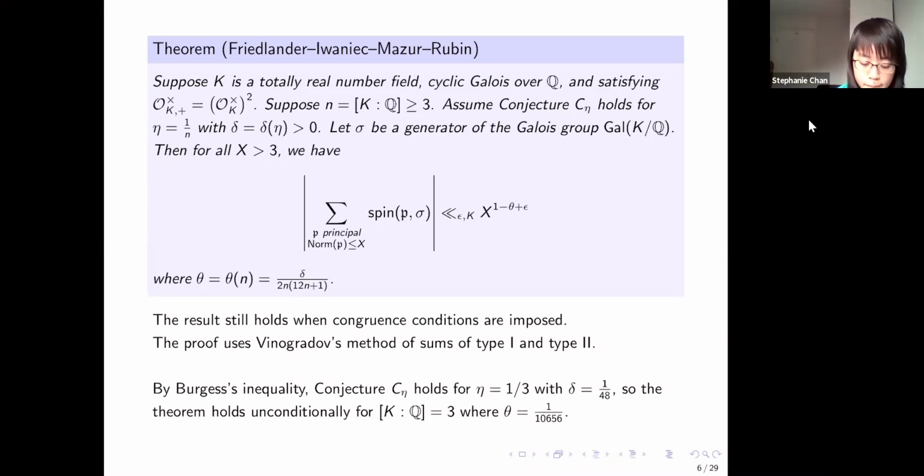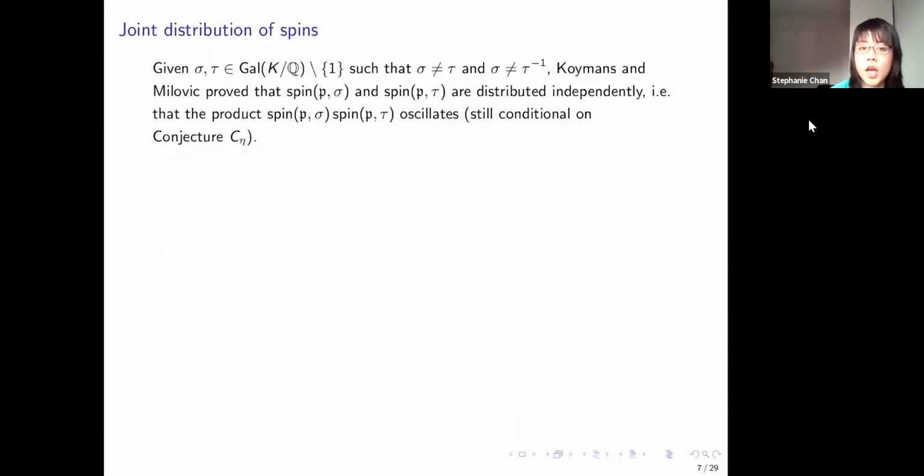But when you take a number field of high degree, say 4 and above, then it relies on the conjecture on short character sums. So we know what happened when we have one spin. Now what if we take several spins? Instead of fixing just one sigma, we fix 2 elements of the Galois group, sigma and tau.